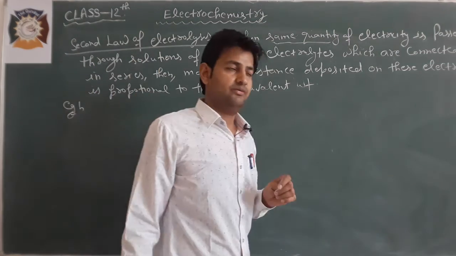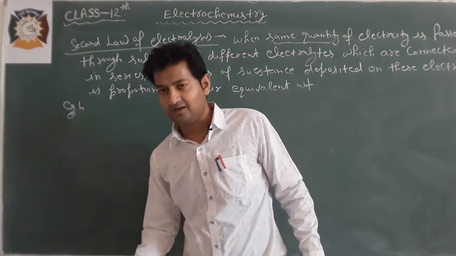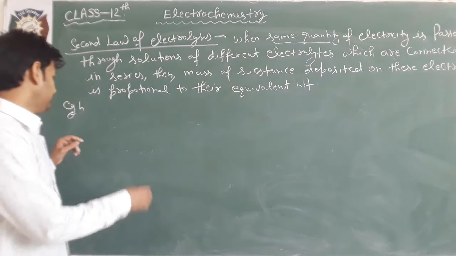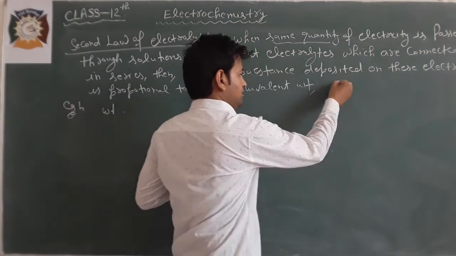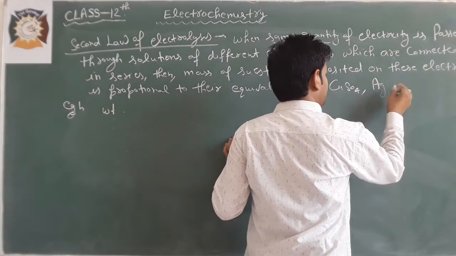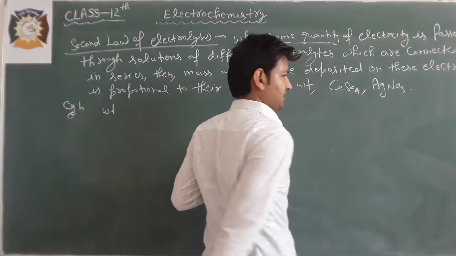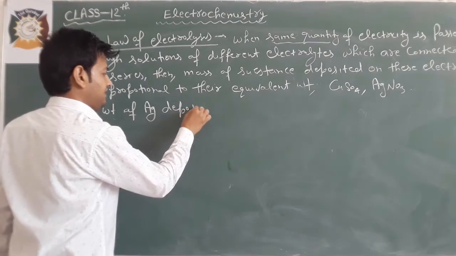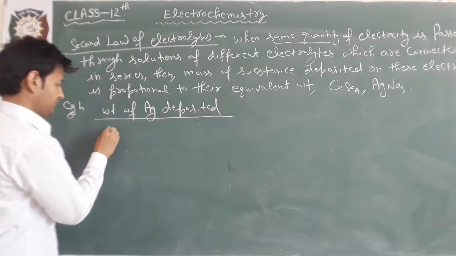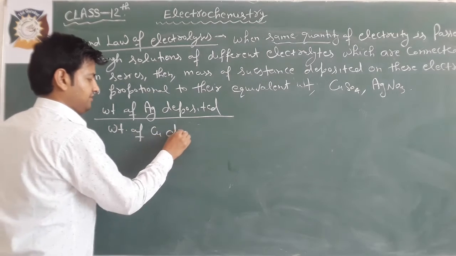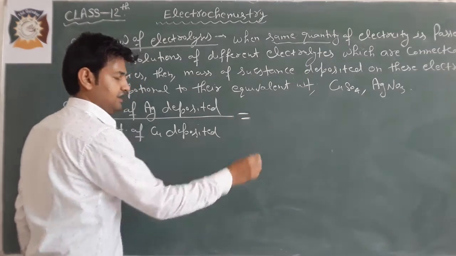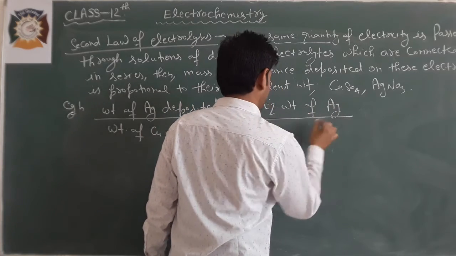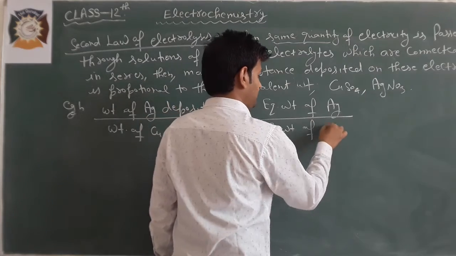If we consider the example of silver nitrate and copper sulfate, which are connected in series and the same quantity of electricity is passed through the solutions, then the weight of silver deposited divided by the weight of copper deposited is equal to the equivalent weight of silver divided by the equivalent weight of copper.